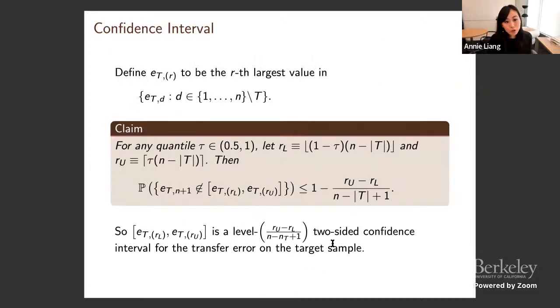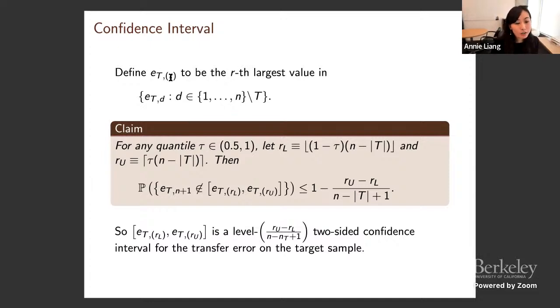We can use this argument to show that we can produce a confidence interval for the transfer error in the target sample, by looking at the RLth largest and RUth largest, so this is for R lower or upper observed transfer errors in our metadata. Okay, let me do that a bit more slowly.